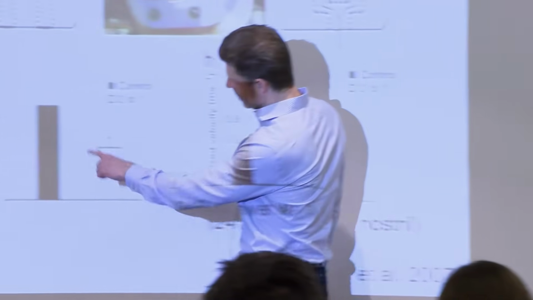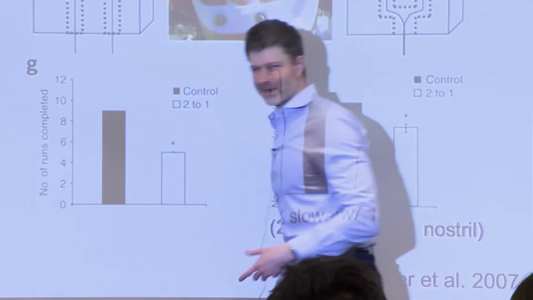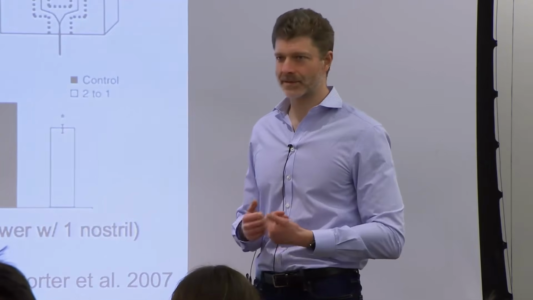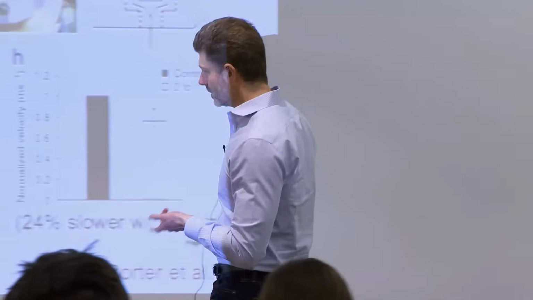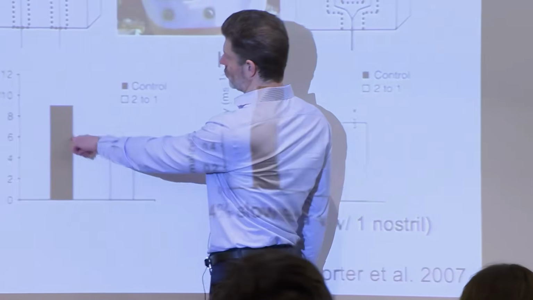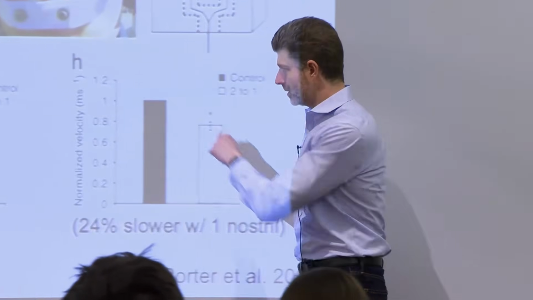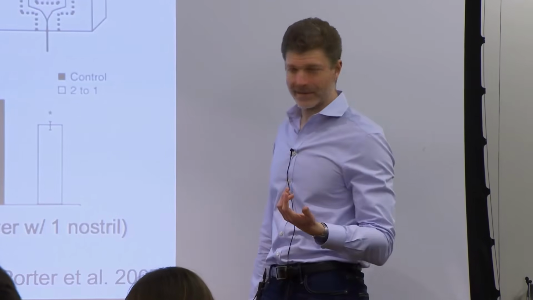This one is showing the number of runs that were completed. I guess sometimes people just gave up. They lost track of the scent or something. So that's the number of runs completed. And this is the control where you effectively have two nostrils, and this is the nasal prism. So you don't make it through the path as many times.